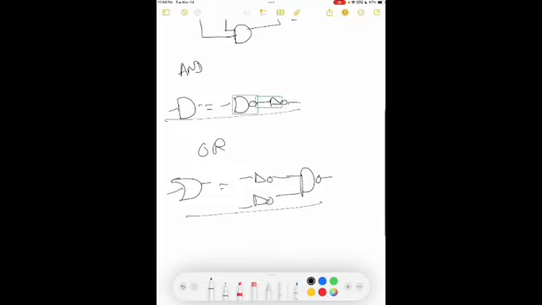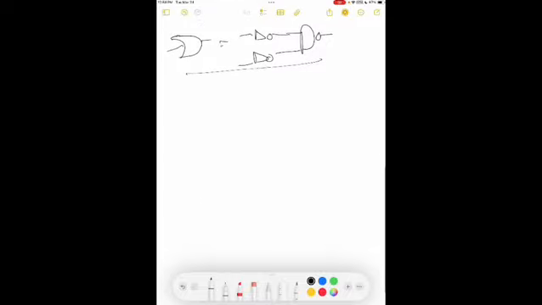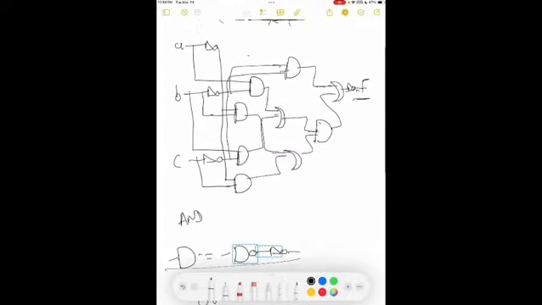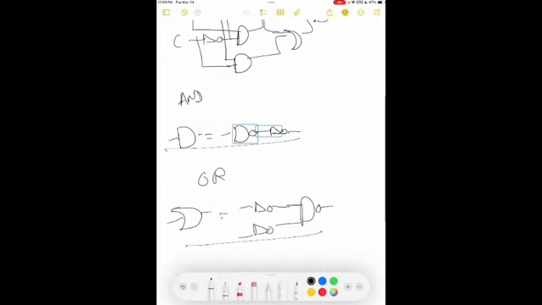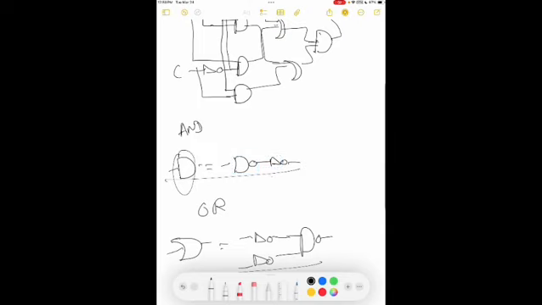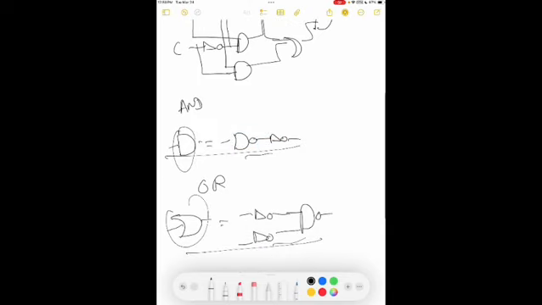This is the equation we are going to use for circuit 2. In circuit 2 we are going to replace the AND with this and the OR with this.